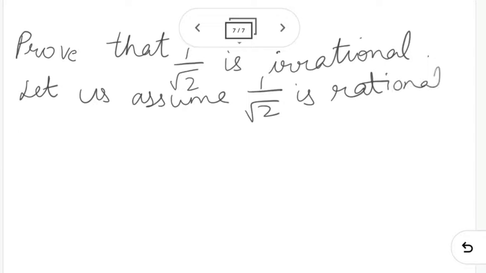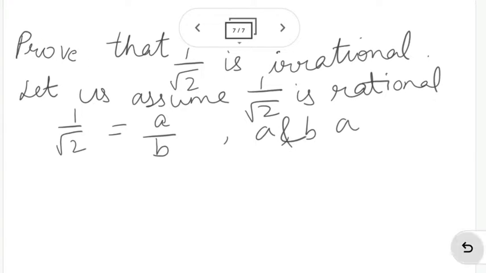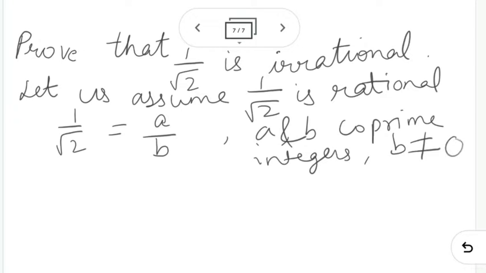If it is rational, then how can we write it? We can write it in a by b form, where a and b are co-prime integers. We need to mention these conditions when we are writing them: a and b are co-prime integers and b should not be equal to 0.